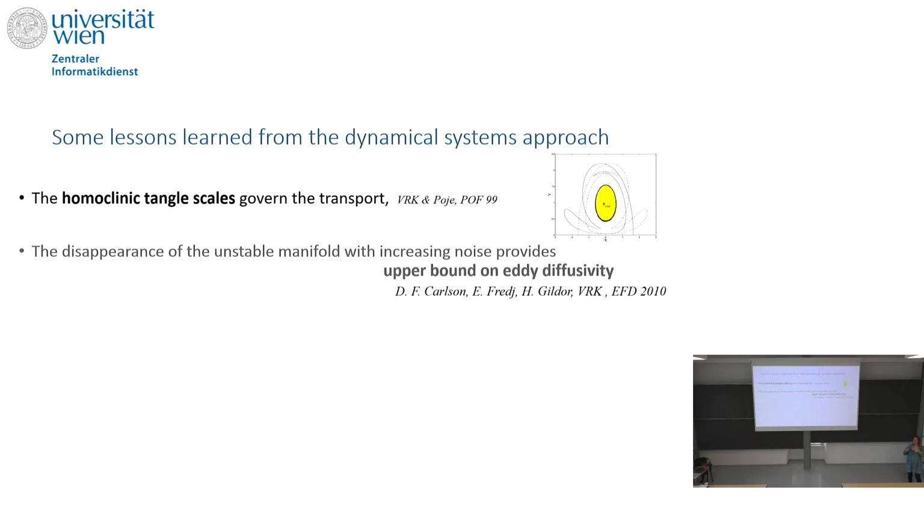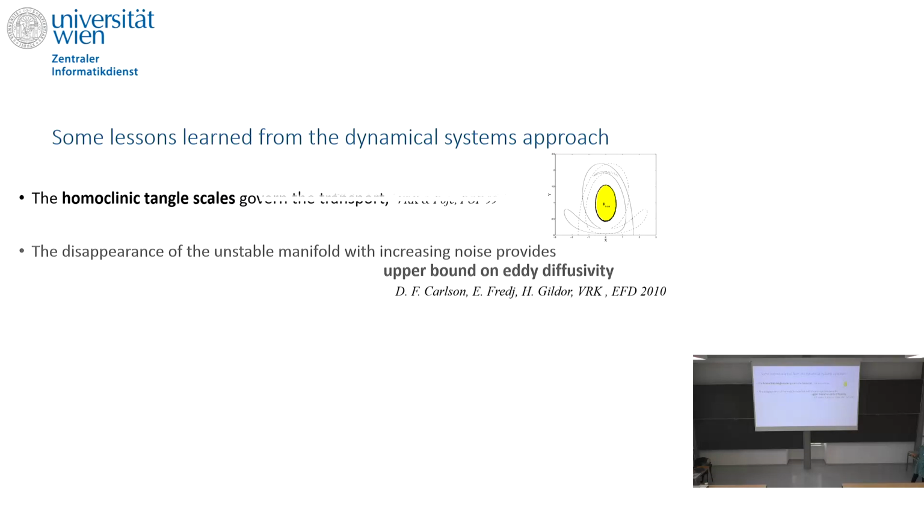If you take this velocity field, detect this manifold and add more and more eddy diffusivity, uniform in space, you see in your numerical simulation that this boundary disappears. That means that the eddy diffusivity is below this value, and that was this work with Dan Carlson and Eric and Hezi.